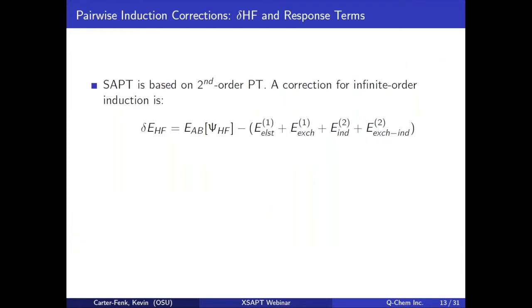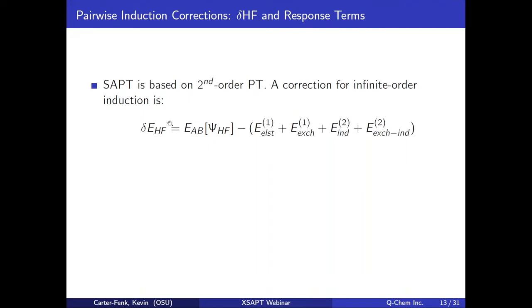So we can apply what are called delta HF corrections to the second order SAPT induction to get an approximation for infinite order induction effects by taking a dimer energy that is calculated at the Hartree-Fock level.